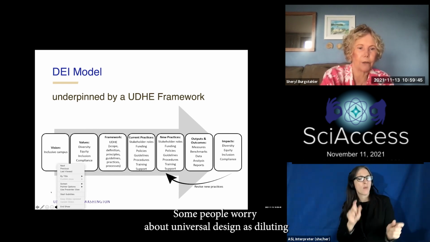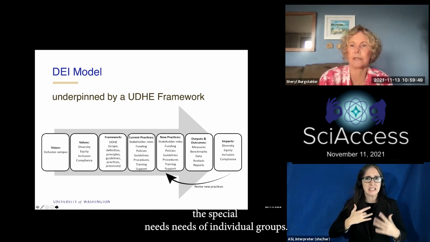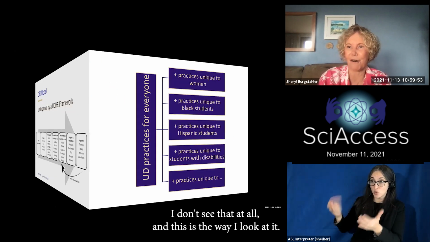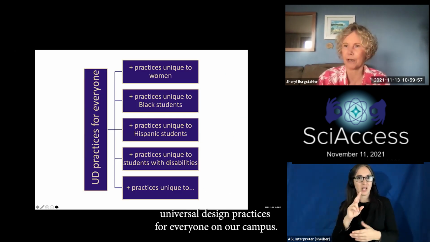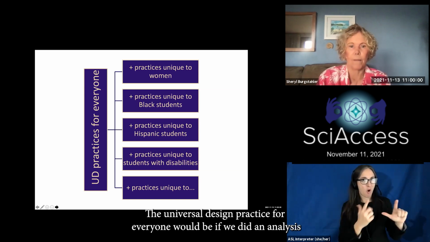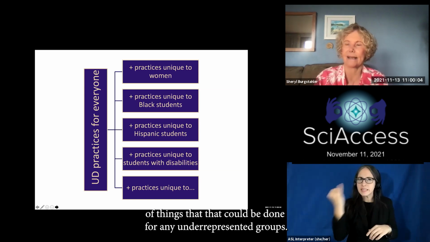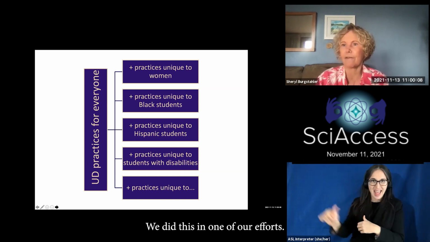Some people worry about universal design as diluting the special needs of individual groups. I don't see that at all. And this is the way I look at it. There's an image here on the screen. Universal design practices for everyone on our campus. The universal design practice for everyone would be if we did an analysis of things that could be done for any underrepresented groups. We did this in one of our DEI efforts.